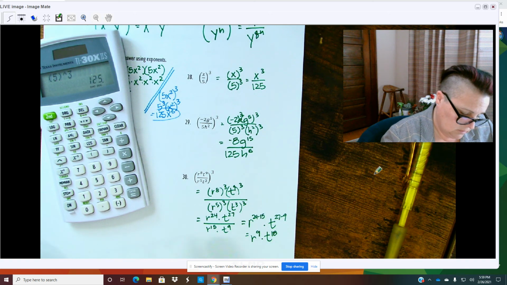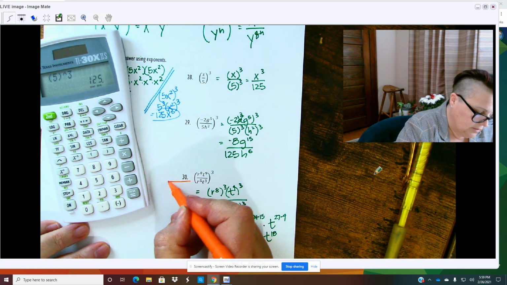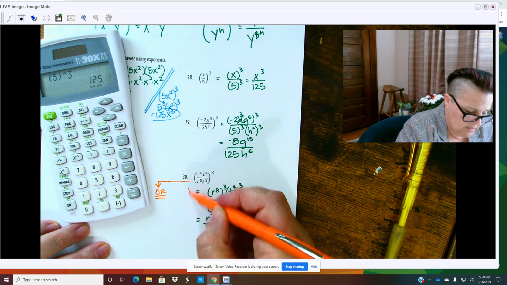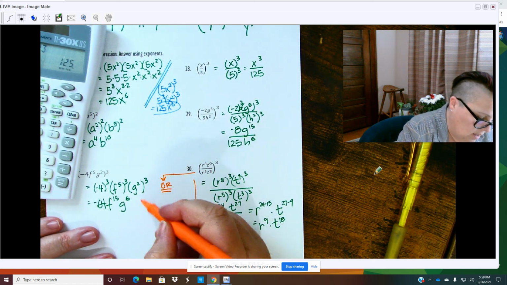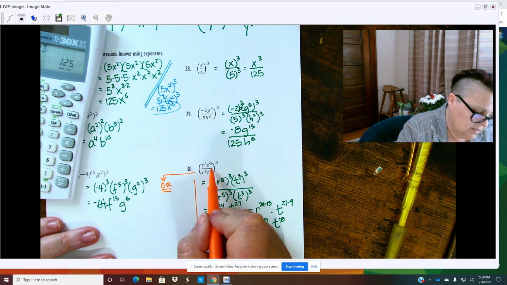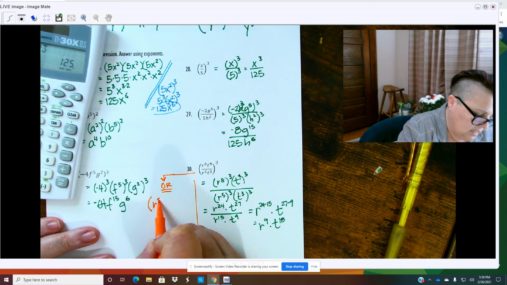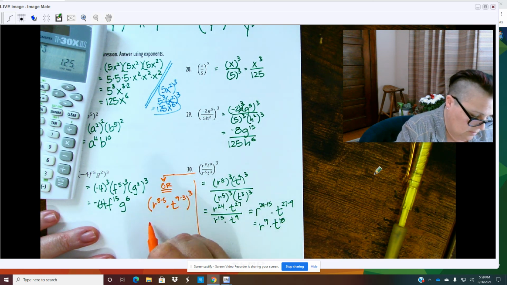Now, let's talk for a minute, because maybe some of you saw it before. If we just look inside of these parentheses, I could do r to the 8 minus 5 times t to the 9 minus 3, and then take that to the third.